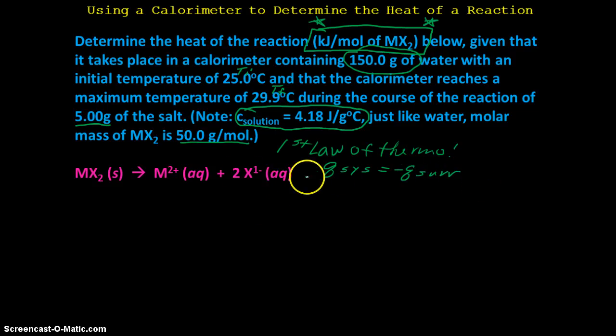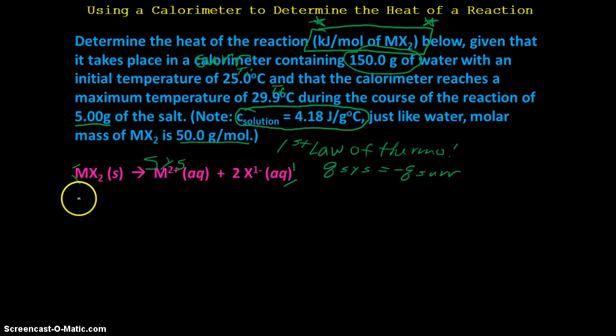We're just going to have to make that fit into the mold that we want. So here's what we do with something like this. We generally refer to the reaction here as the system, and we refer to the calorimeter that we're working inside of as the surroundings.